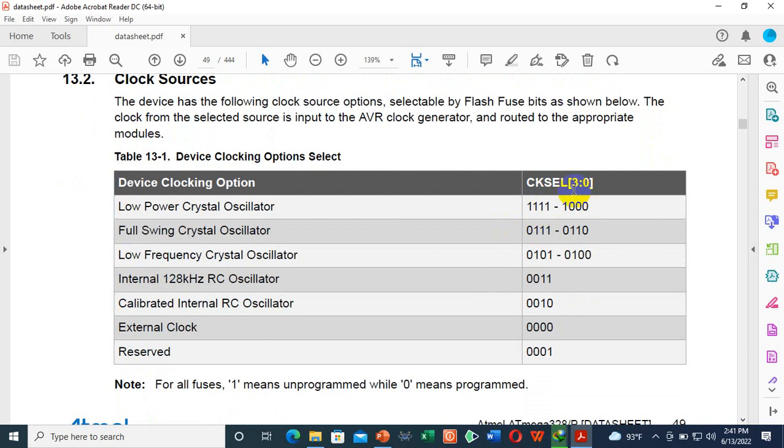This is the device clocking option. Depending on the bits you choose, you can pick different device clock generators. These are the bit sequences for it. For all fuses, 1 means unprogrammed, and 0 means programmed. On that register, if you give a 0, it is programmed, and if you give 1, unprogrammed.